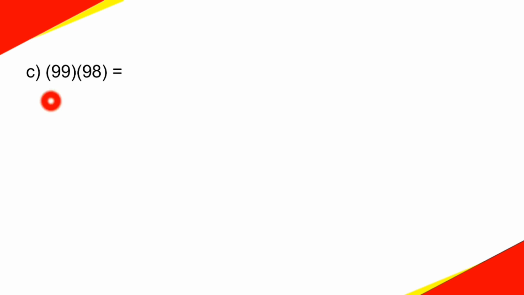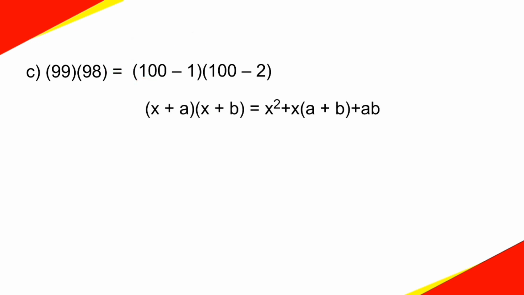Option C, 99 into 98 is equal to, how can you write it? Right, 100 minus 1 into 100 minus 2. Now it is in one of the identities. Can you guess it? Right, that is x plus a into x plus b is equal to x square plus x into a plus b plus ab.